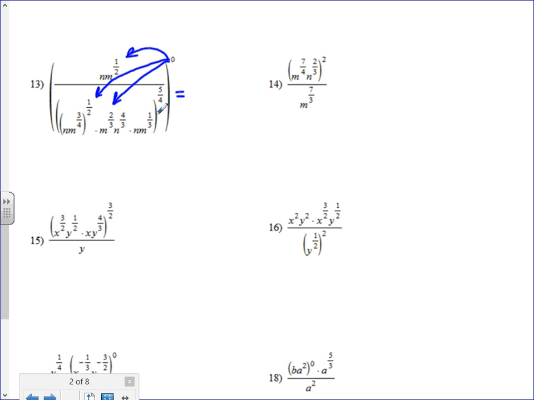Because anything to the 0 is 1. They're all gonna turn to 1. Right? We got to distribute, right? Hey, hold on a second. 0 times something is 0. That's a power. So this whole thing is being raised to the 0 power.